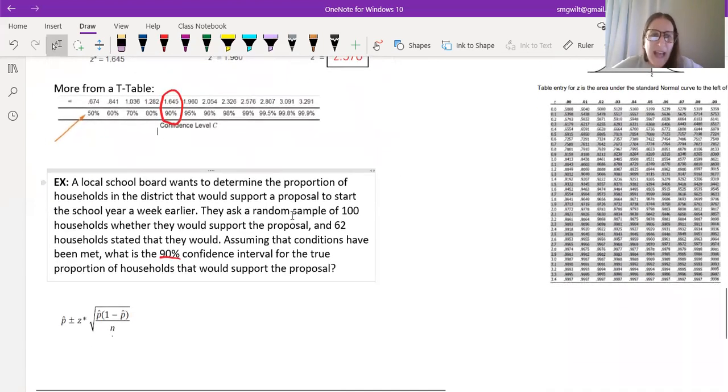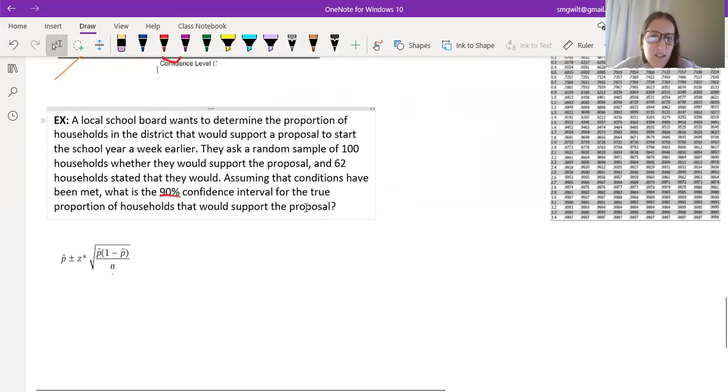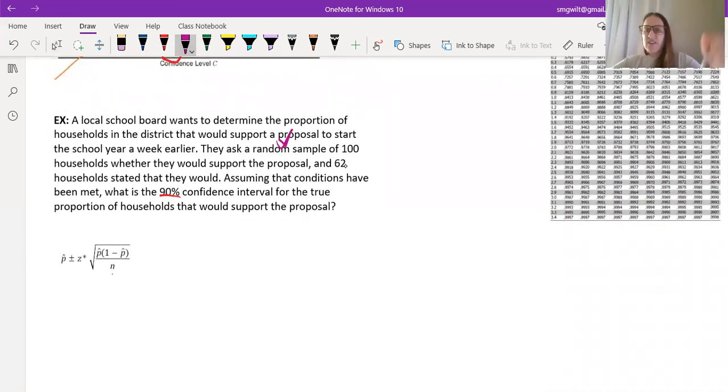So in this problem, we have a local school board that wants to determine the proportion of households in the district that would support a proposal to start the school year a week earlier. They ask a random sample of 100 households whether they would support the proposal. So we've got random, right? They give us 100 for a whole school district. So 100 is probably not a lot of kids.